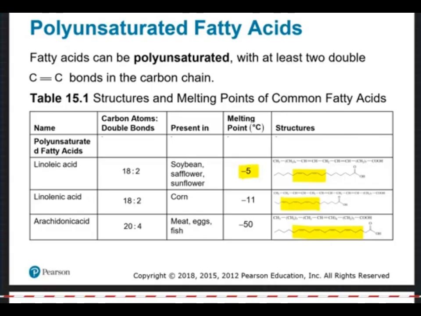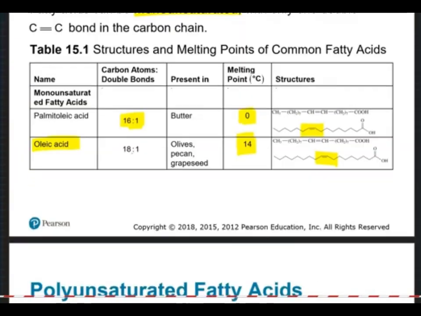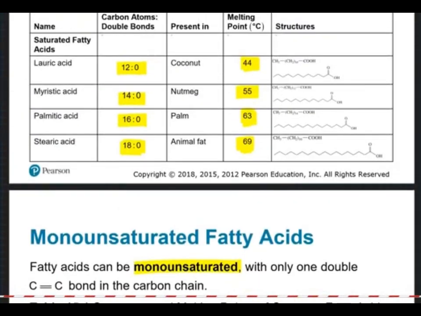Pure compound. So, -5 for 18 carbons in linoleic, -11 in linolenic. The more double bonds you have with the same number of carbons, the lower the melting point. Check this out. Let's go back to stearic. Look at stearic acid.